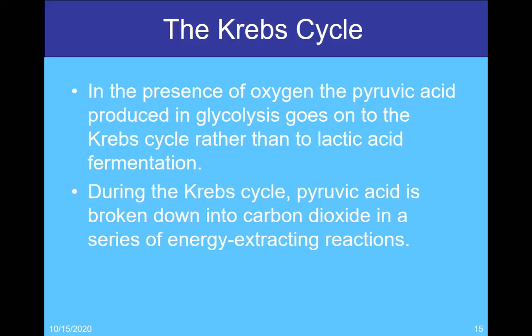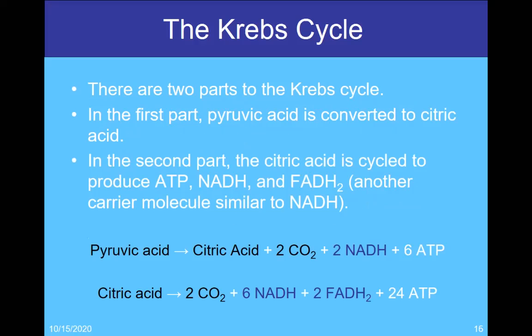So we've extracted some of the energy out of it. Now we're going to go from the 3-carbon sugar of pyruvic acid down to carbon dioxide, which has 1. No more bonds between the carbons. This is where we're going to get the majority of our energy that we use for producing ATP. Now, this is not the final stage, and we will go ahead and do more electron movement in the last part and capture even more ATP.